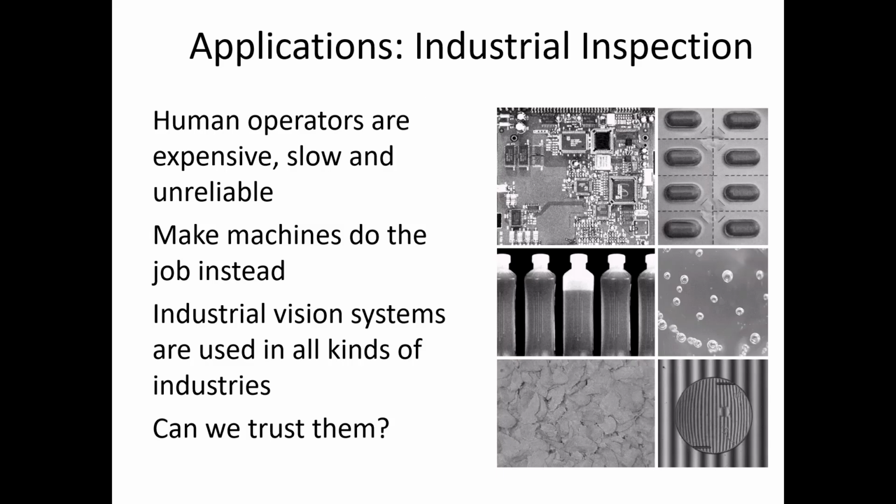Human operators are expensive, slow and unreliable, so we make machines do the same job instead of humans. Industrial vision systems are used in all kinds of industry, but whether we can trust them is somewhat of a problem.